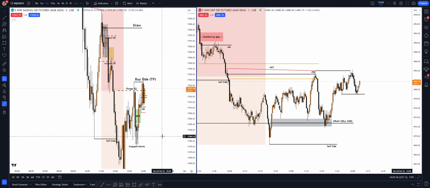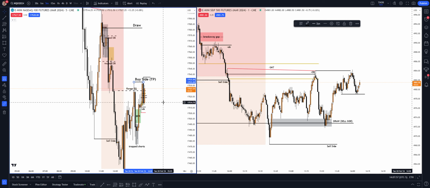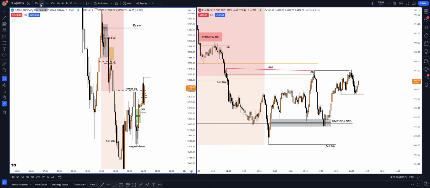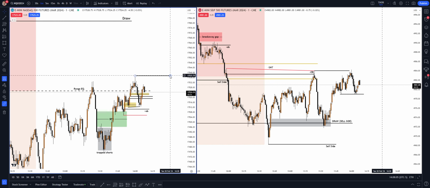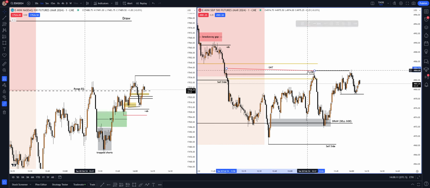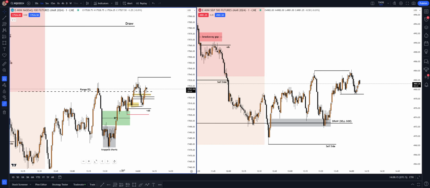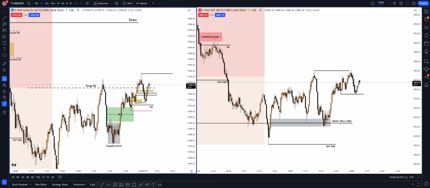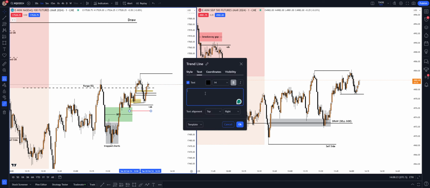It's on 5 minute again. Yeah, so the next 5 minute candle, when it opens, I want to see it trading above this previous high once it opens. Okay, that's it.